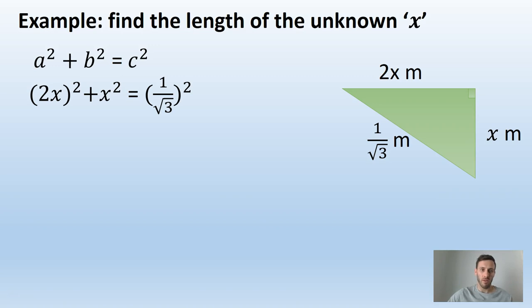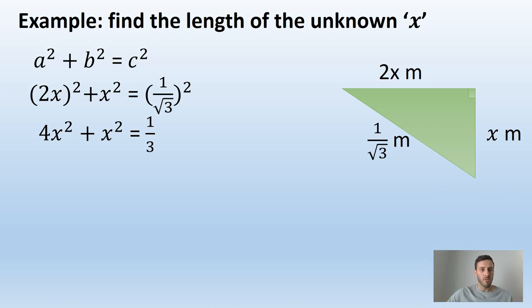And on the right hand side of the equation we have in brackets 1 on root 3, squared. So we need to square both the top and the bottom of the fraction. Starting from the left, 2 squared equals 4, x squared, plus x squared equals 1 squared is 1, root 3 squared is 3, and therefore we get rid of the root.